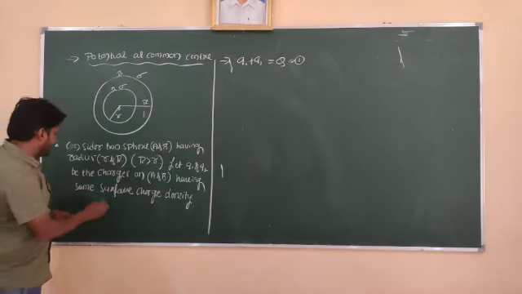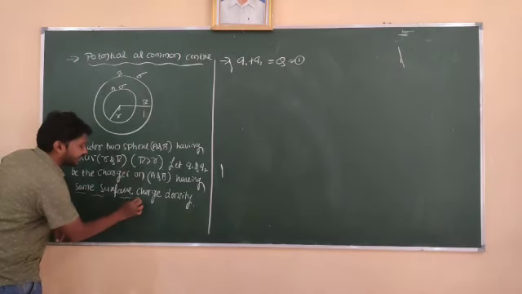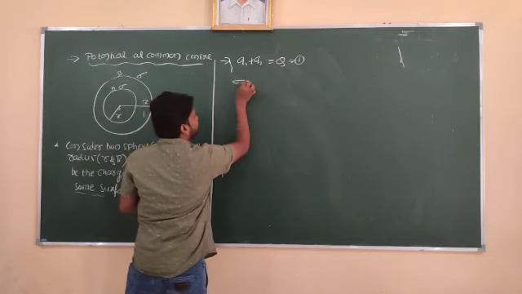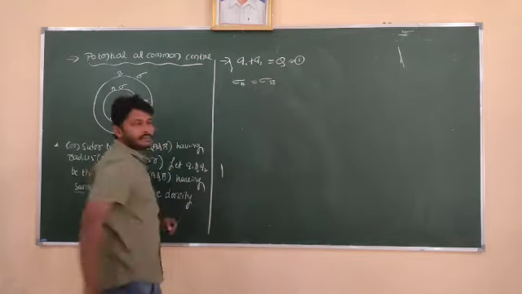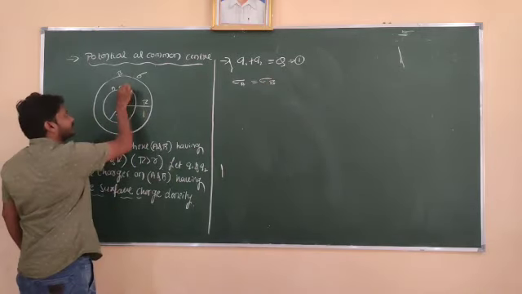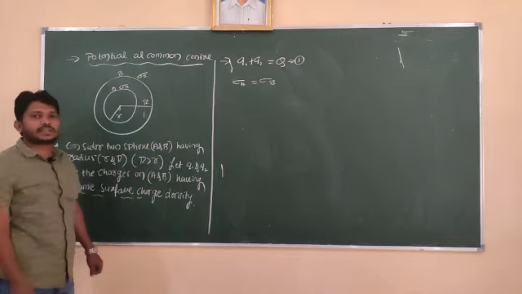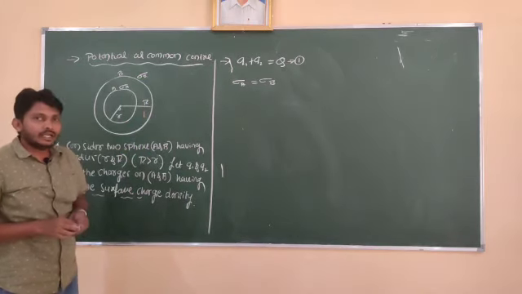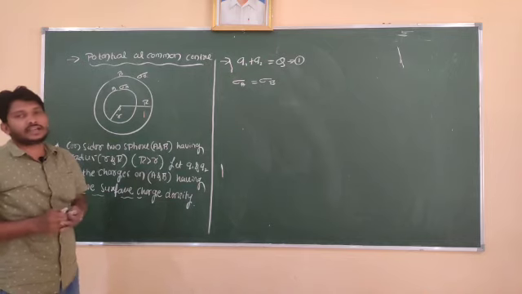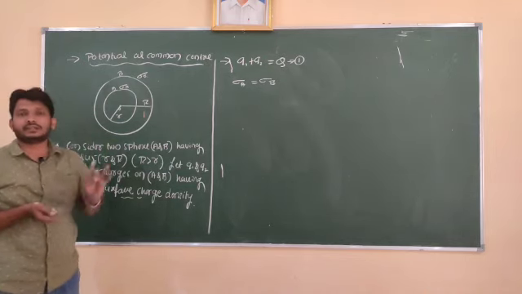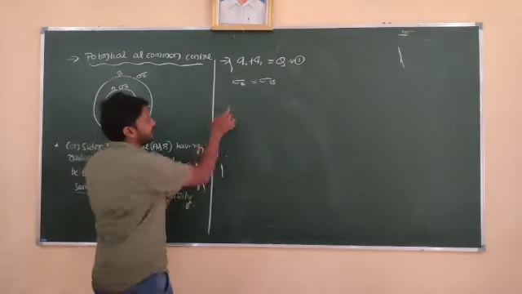They mention that the surface charge density is the same. So sigma of A is equal to sigma of B, where sigma of A means the surface charge density on sphere A and sigma of B means the surface charge density on sphere B. From the concept of surface charge density, in charge and field we learned linear charge density, surface charge density and volume charge density.